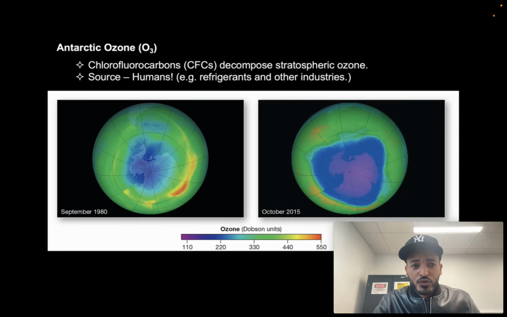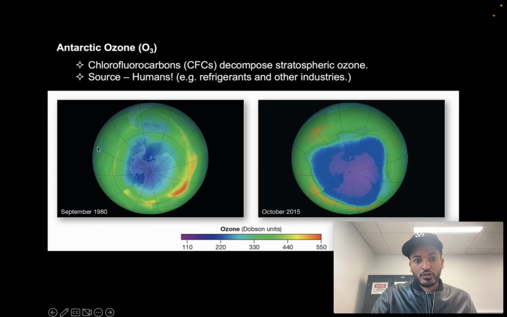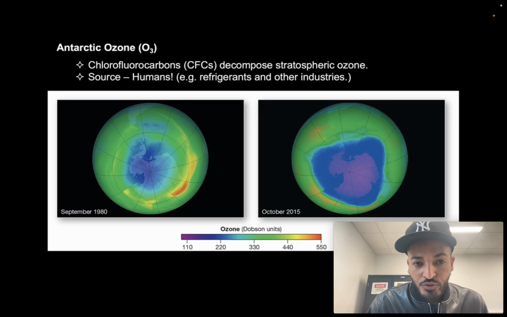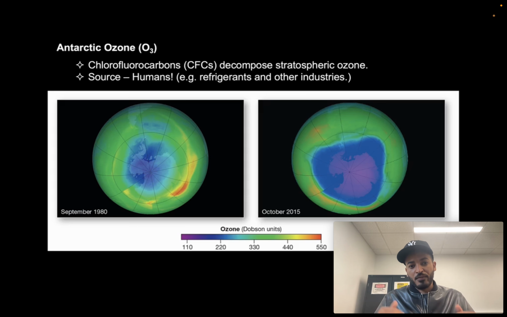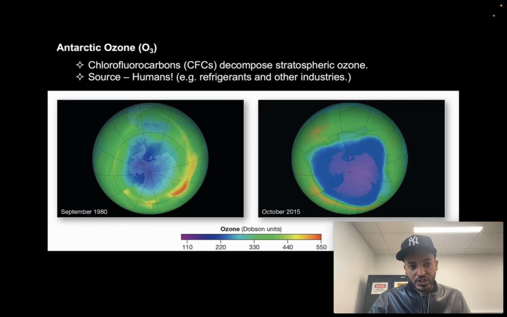So just to show you how the ozone is important, here is a figure, a comparison between 1980 and 2015, right? I told you in a previous lecture how the chlorofluorocarbons are very important, and how the ozone layer is very important because it protects us from the UV radiation, the biosphere, including humans, from being exposed to those harmful UV radiations, right?